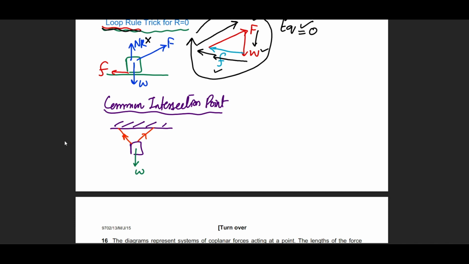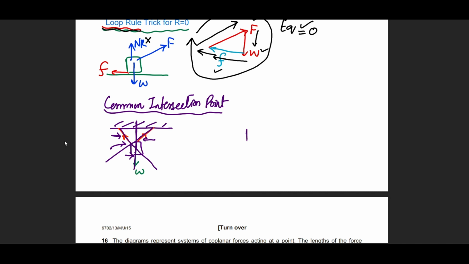So if I extend this vector, and this vector, and this vector, we realize that the tension components do meet at this point, but the weight component is slightly off. It's a bit away from that common intersection point. So this system is not in equilibrium.